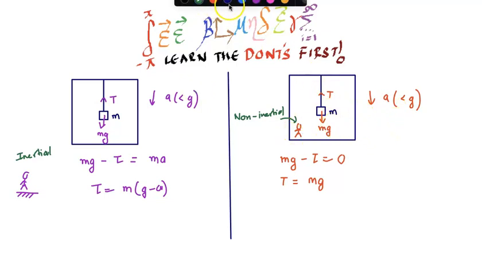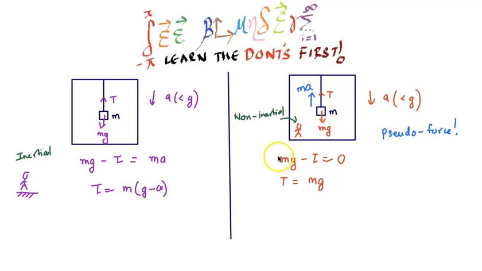And that, my friends, is the biggest takeaway from this video. For a non-inertial frame of reference, we need to apply an additional force known as the pseudo force, which has a magnitude of mass times the acceleration of the frame of reference, in the opposite direction of the acceleration. So what I'm saying is that you need to apply an additional force which equals mass of the object times the acceleration of the frame of reference, and because the acceleration was down, we applied it upwards.